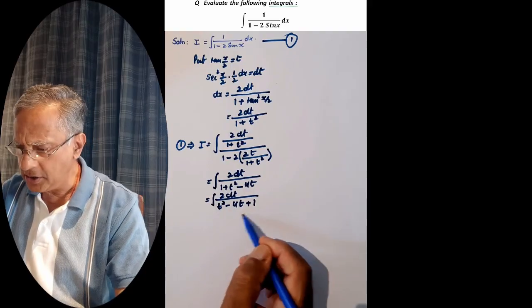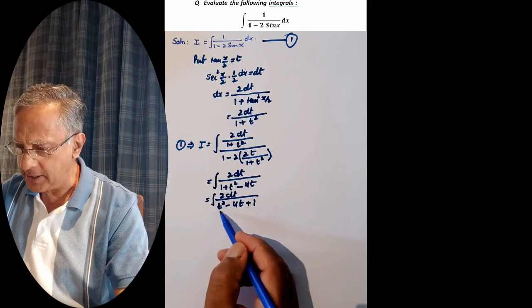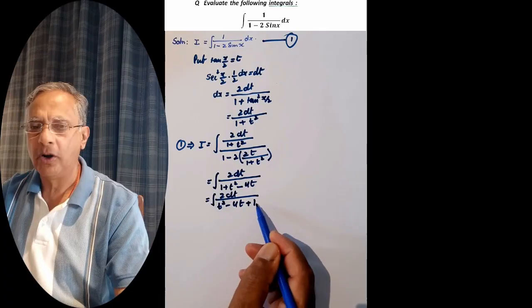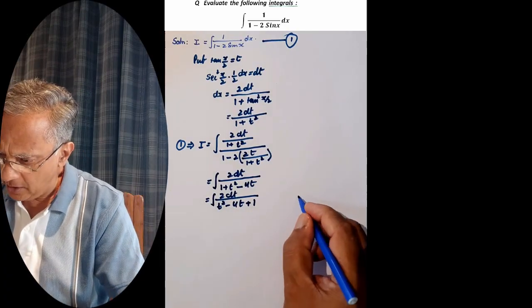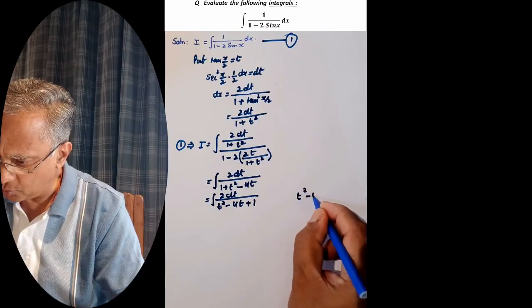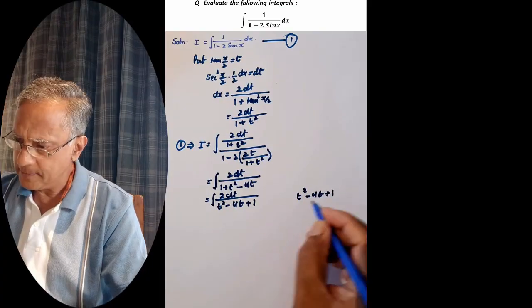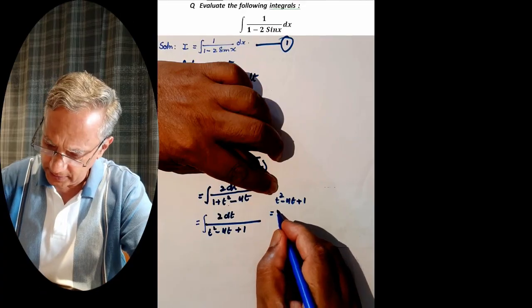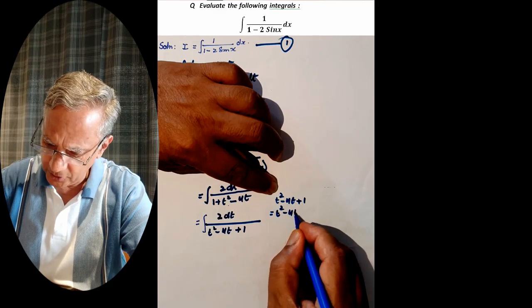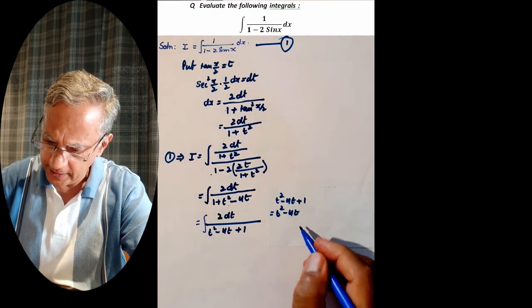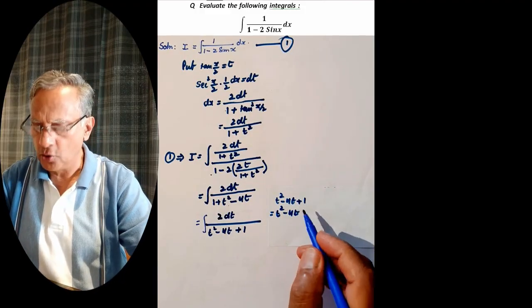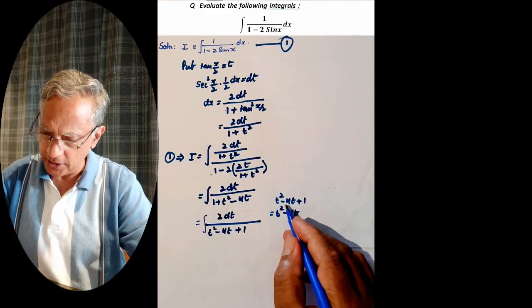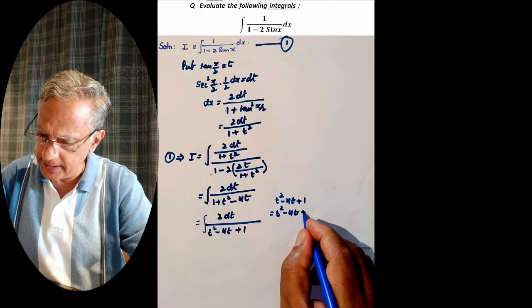Now this question has changed into 1 over quadratic form. Now to integrate this, what we do is we will express this as sum or difference of two squares. So for doing this, we write t square minus 4t plus 1 is equal to t square minus 4t. To make it a complete square, we will add and subtract half the coefficient of t whole square. So half the coefficient of t is minus 2.